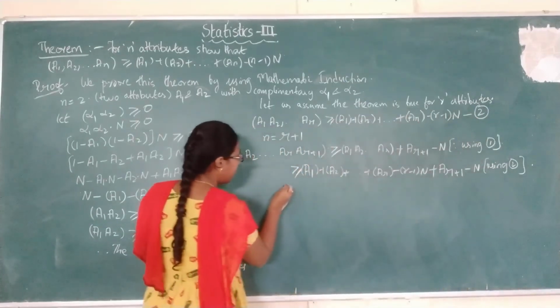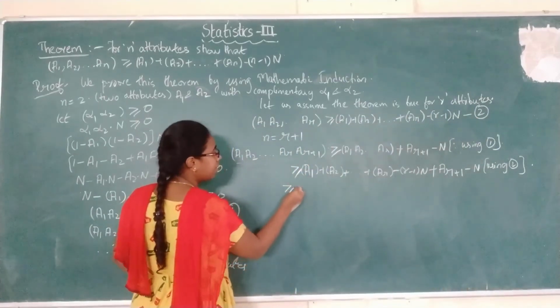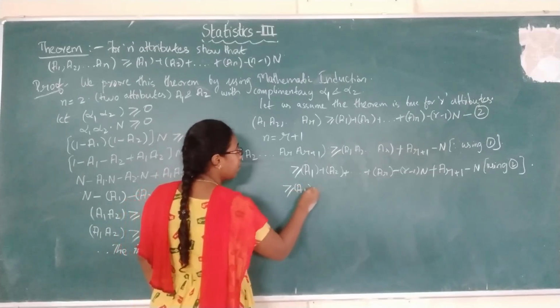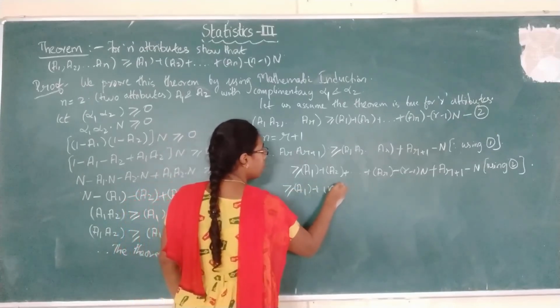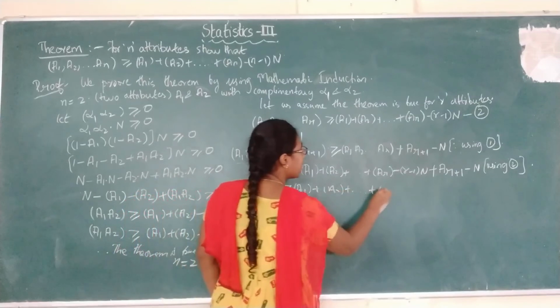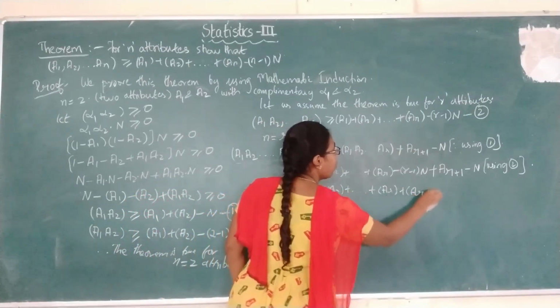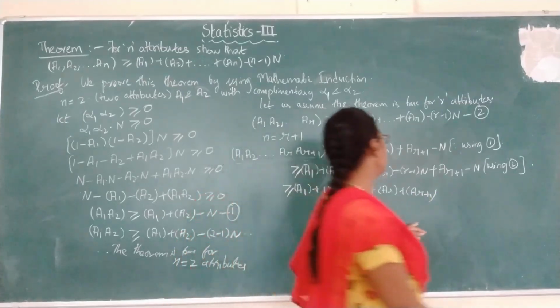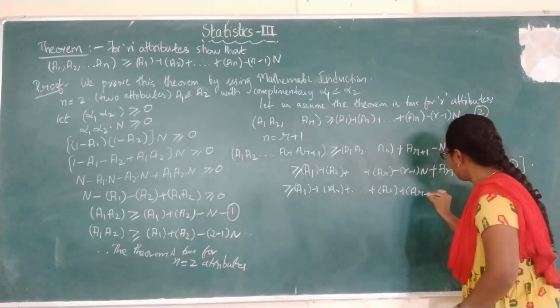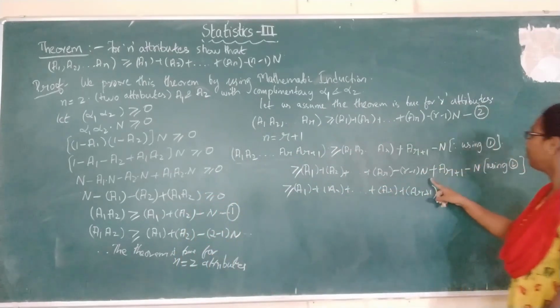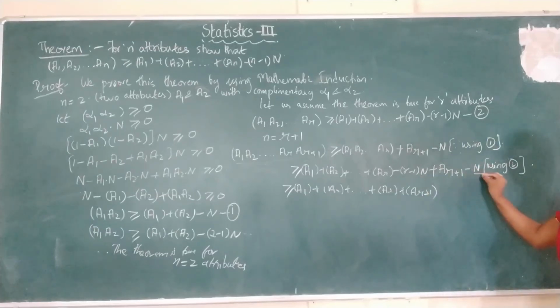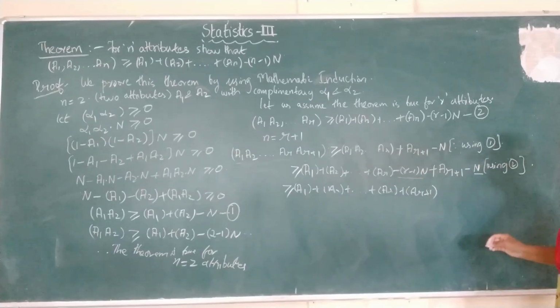Now write all the attributes to one side. This is greater than or equal to a1 plus a2 plus so on plus ar plus 1, and for the remaining terms, if you observe these two terms, capital N and (r minus 1) into capital N, from this you can take capital N common, right?